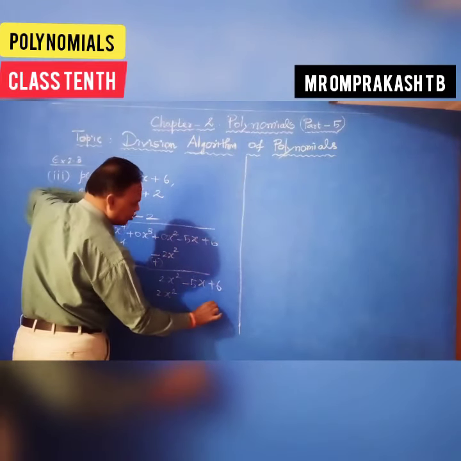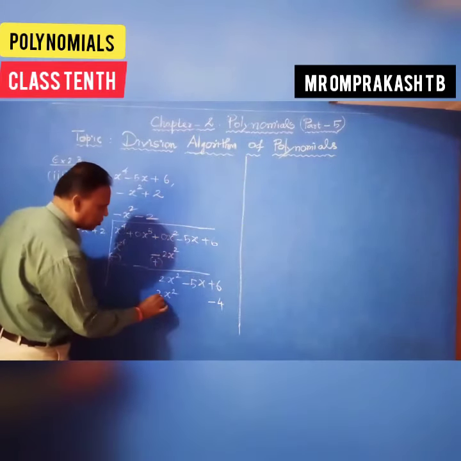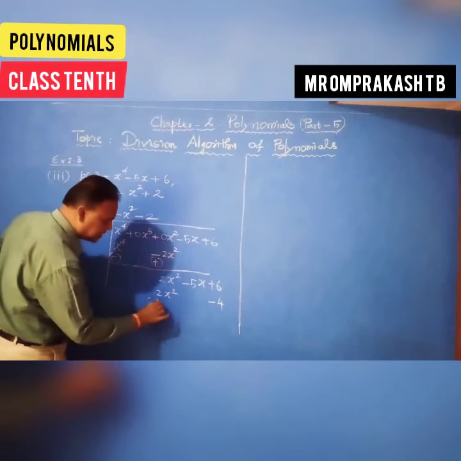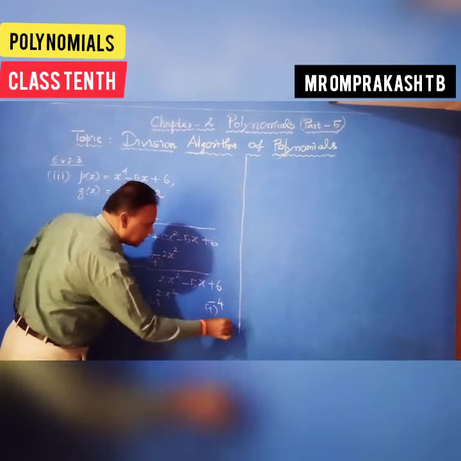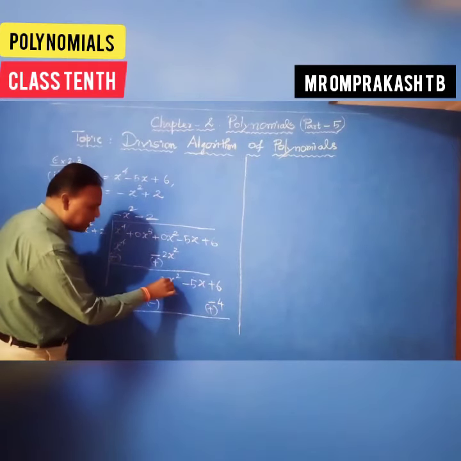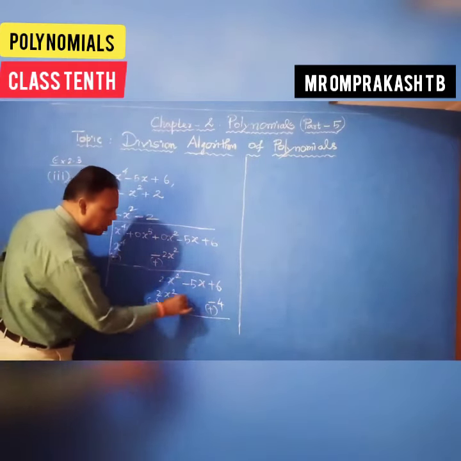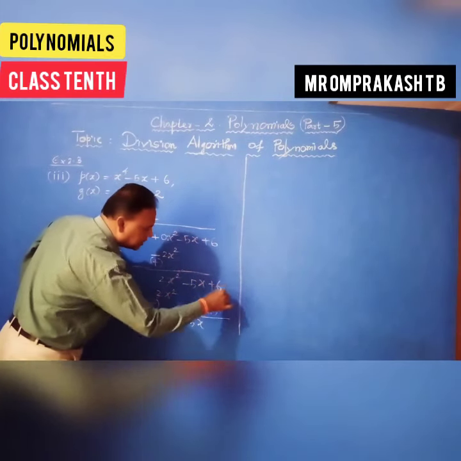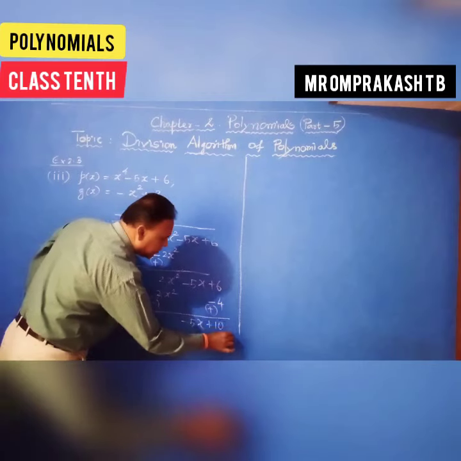Minus 4, here the constant term, minus 4, write it here. So again subtract. While subtracting, change the sign. Plus means minus, minus means plus. So 2x squared minus 2x squared is 0. Bring down here minus 5x. Here plus 6 plus 4 is plus 10.